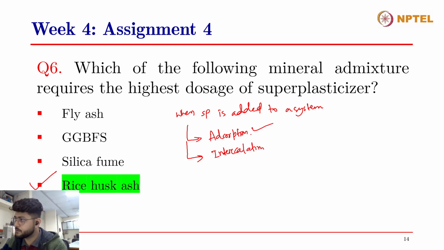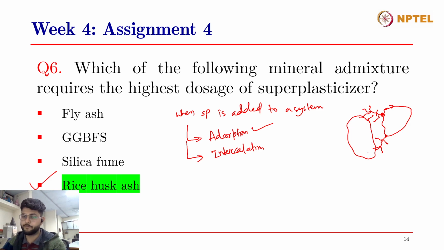Adsorption is good for us because when superplasticizer comes onto a particle, it gets adsorbed on the surface. So this is a superplasticizer molecule. It adsorbs on the surface. These are the graft chains, let's say. Therefore, it pushes the other particles further apart. And this pushing apart increases the dispersion in the system.